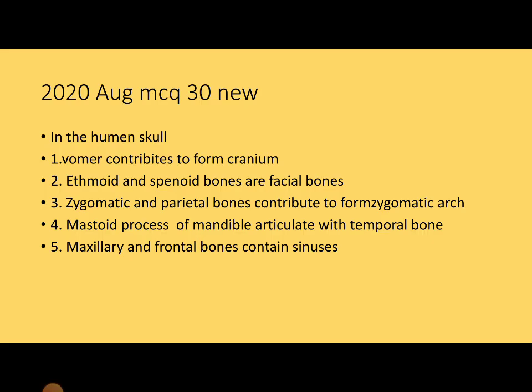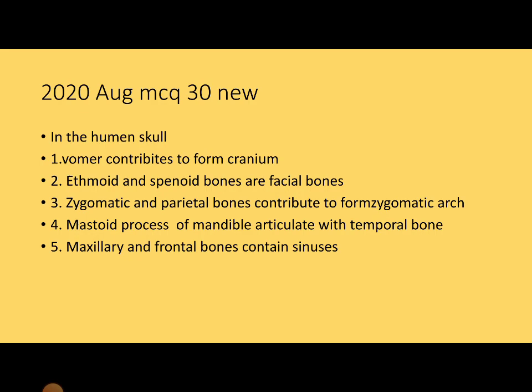And let's take an MCQ. It is from the August 2020 MCQs, the 13th MCQ. In the human skull, vomer contributes to form the cranium. It is false because vomer contributes to form the face, not the cranium. Then, the ethmoid and sphenoid bones are basal bones.